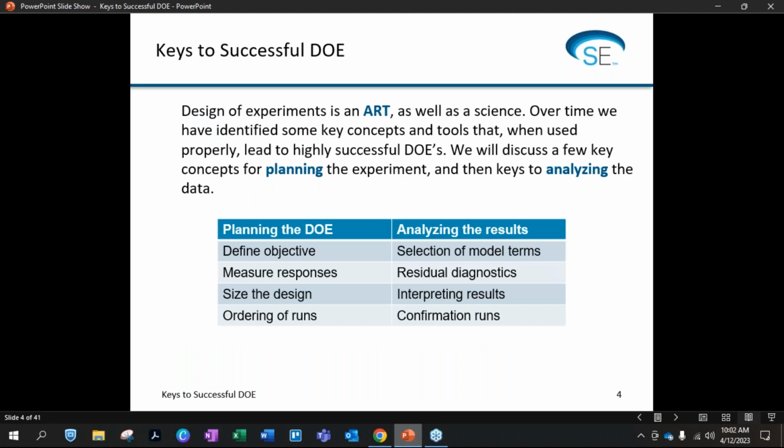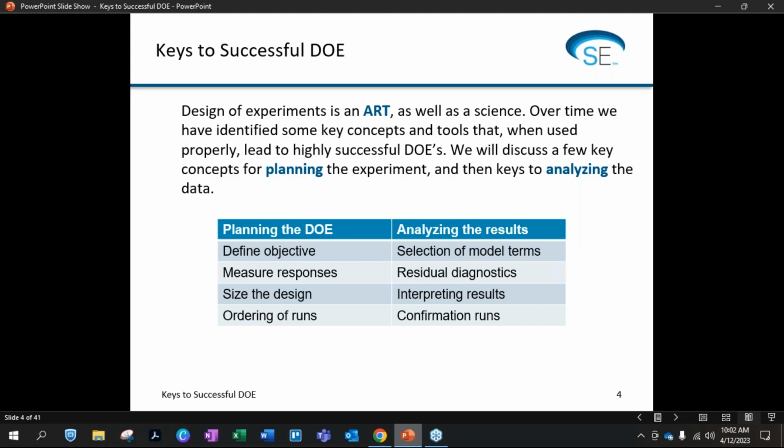So design of experiments is an art as well as a science. And over our years of teaching and doing design of experiments, we have identified some key concepts and tools that are really useful to and lead to very successful design of experiments. Today I'm going to be talking about a few key concepts for planning the experiment.